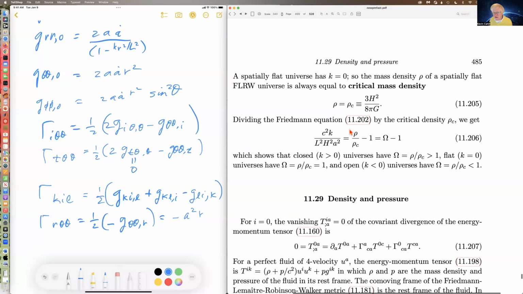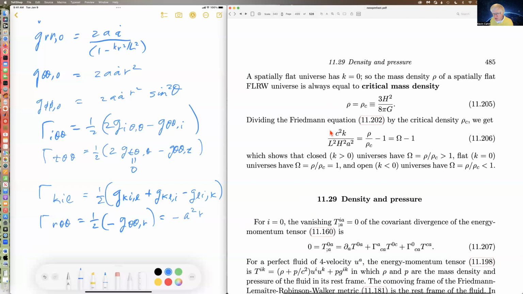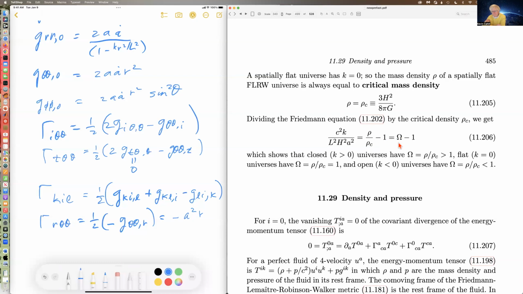And so what this tells us is that if k is +1 or positive, then what's true? This thing is positive, so rho has to be greater than rho c. Rho over rho c is something that astrophysicists have been calling omega for the last 40 years.